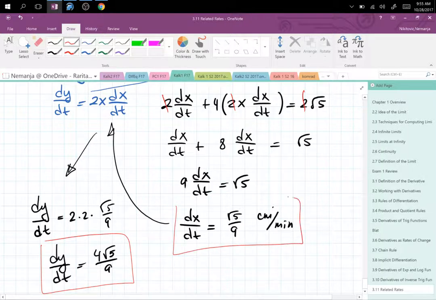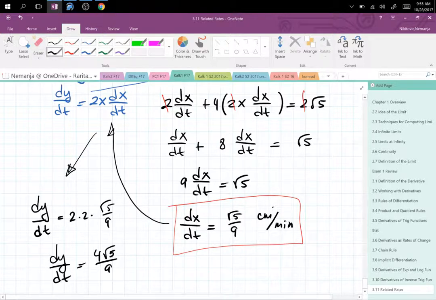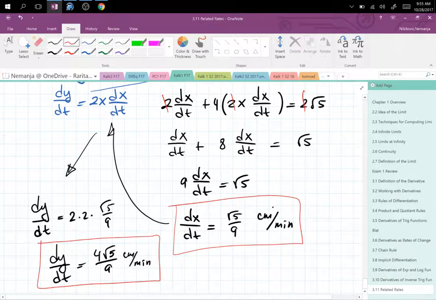Speed in x and speed in y. Forgot the units here. Ta-da!